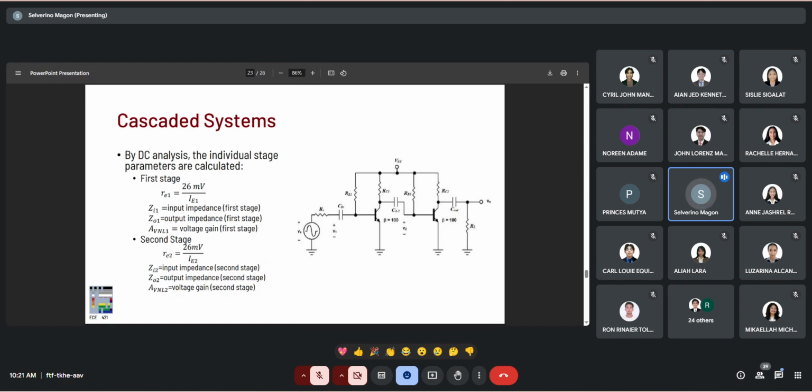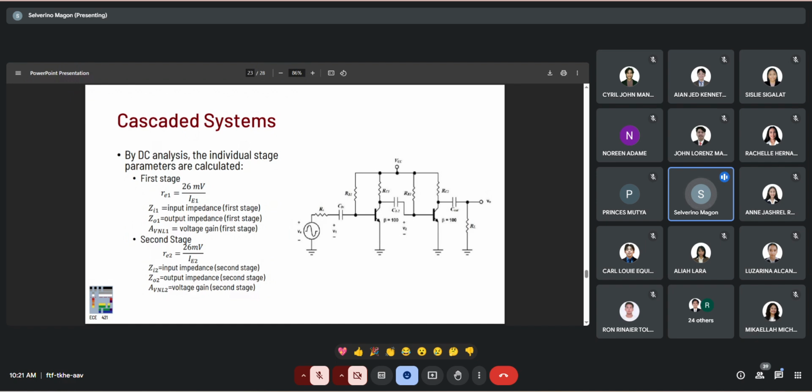By DC analysis, the individual stage parameters are calculated. RE1 is found using the same 26 millivolt factor. Input impedance ZI1 is for the first stage. The output impedance of the first stage is ZO1.